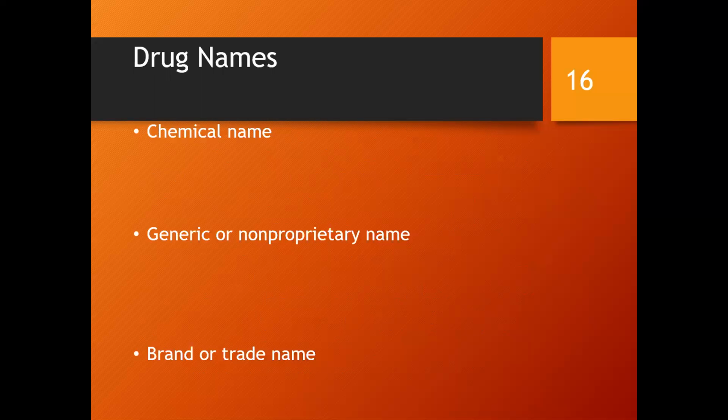So it may be acetaminophen, but you may have Tylenol, AP. You can have a whole list of things, okay? And at the end of the day, you'll be able to turn the box or the bottle around, and it should say on there somewhere whatever the generic name is, such as acetaminophen versus Tylenol. So it will always, always, always have a generic name, okay?